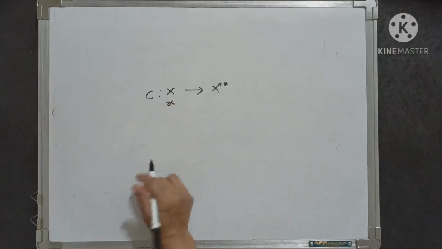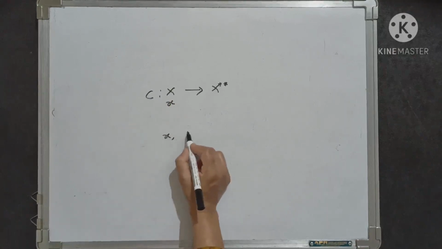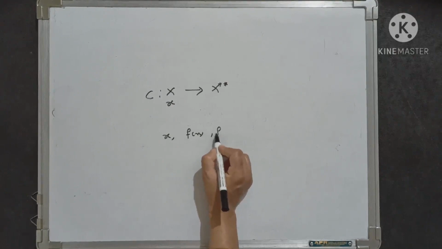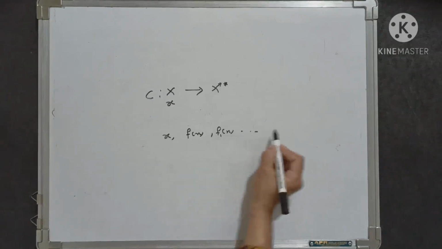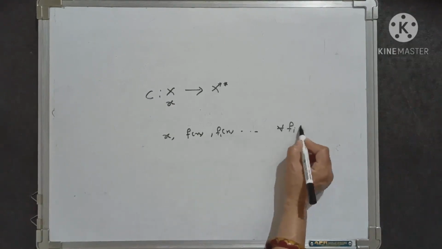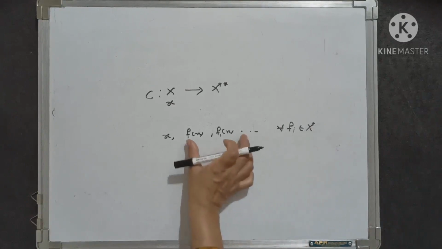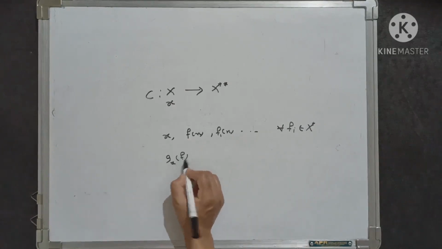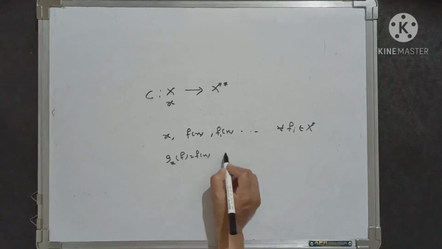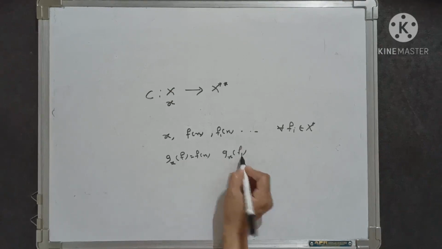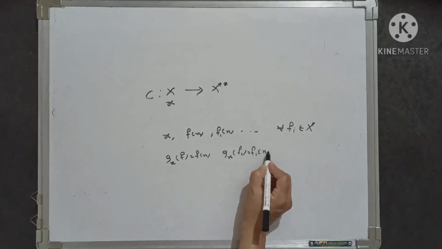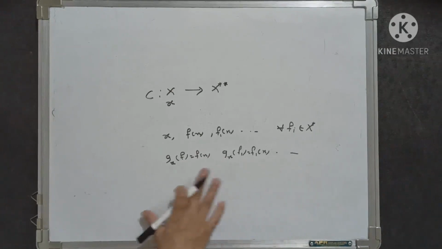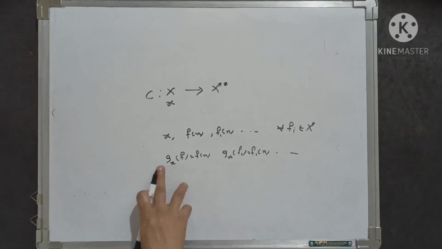With the help of this element, we get the images f of x, f1 of x, and so on, for all fi belonging to X star. Collecting all these images, we define the mapping Gx of f equal to f of x, Gx of f1 equal to f1 of x, and so on. In this way we get the mapping Gx.